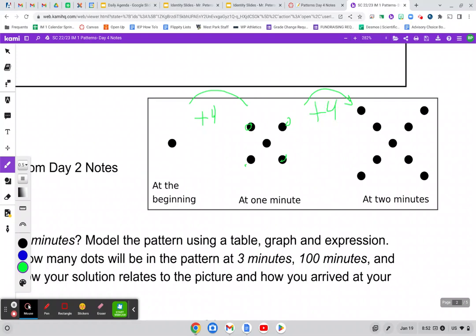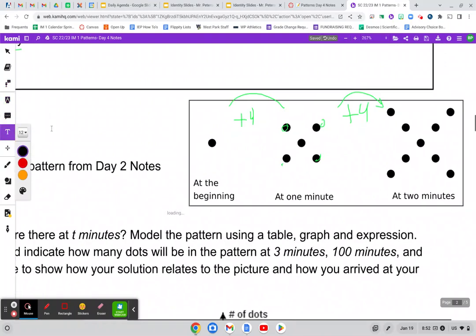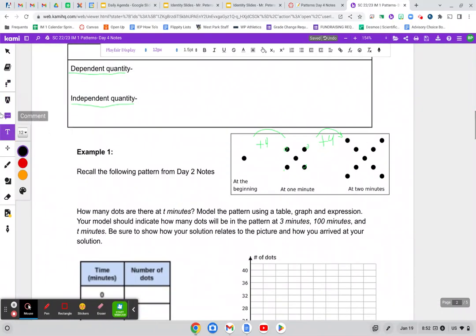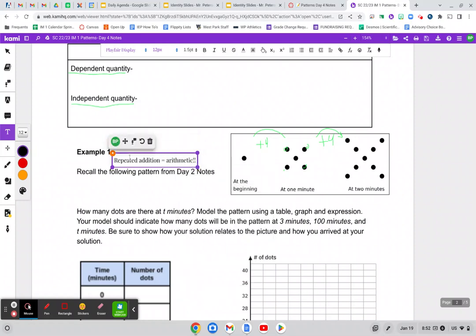So if we have repeated addition, let's just type that out real quick. Repeated addition is arithmetic. We are working with an arithmetic sequence here.